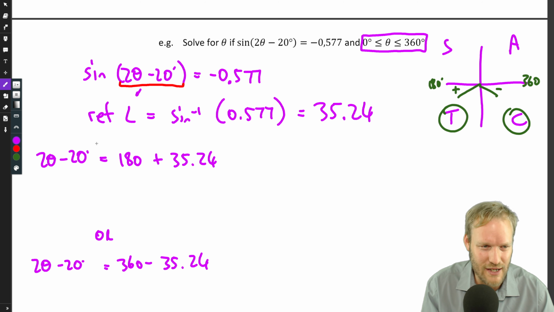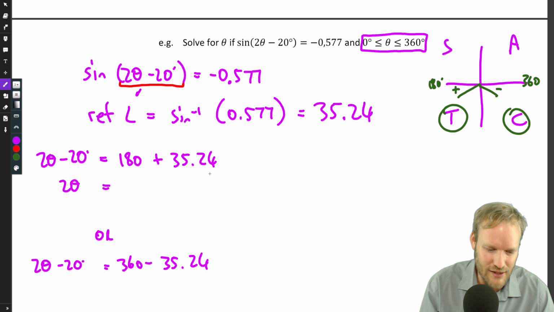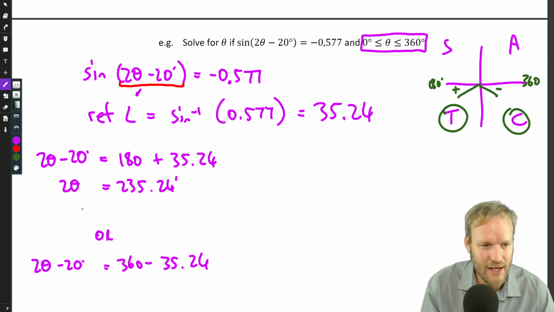So we can add 20 to both sides of our equation. So 2 theta equals 180 plus 35,24 plus 20 degrees. And then we'll need to divide that by 2. So that's 235,24 degrees. And then we'll need to divide that by 2 to get 117,62 degrees.